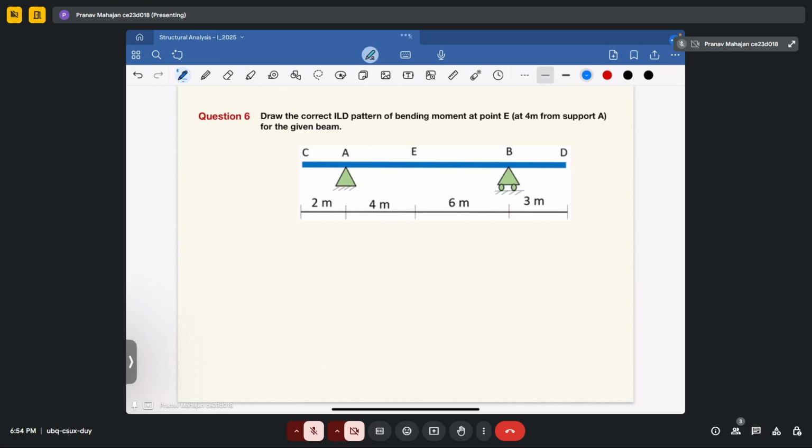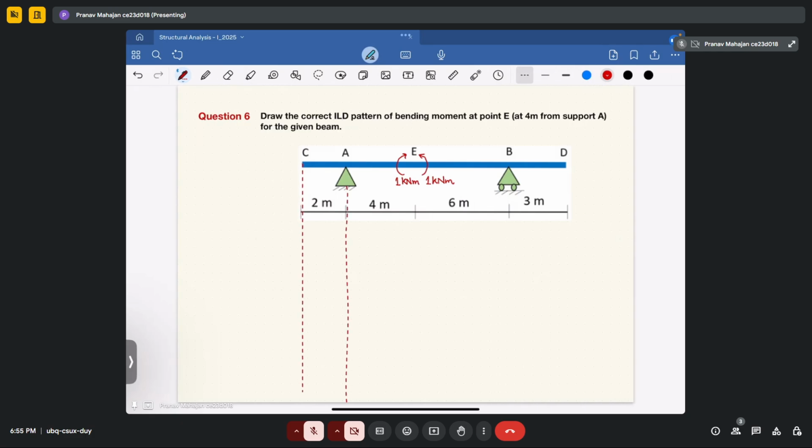In the next question, you have to draw the correct ILD, that is influence line diagram, of bending moment at point C, which is kept at a distance of 4 meter from support A. So for this, for bending moment, if unit moment is applied at point E, that means you are providing a unit load at point E. Now due to this unit load, you have to draw the bending moment diagram.